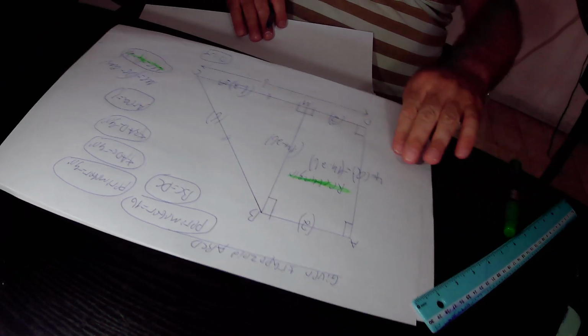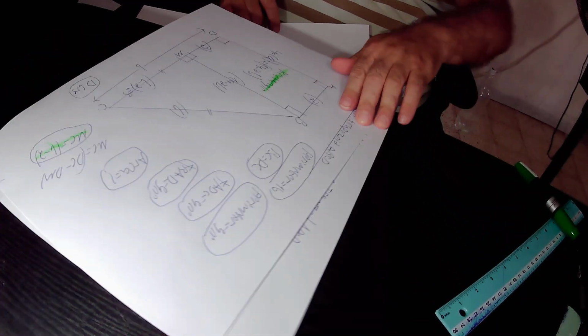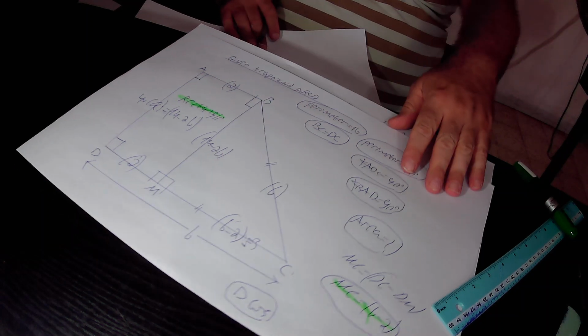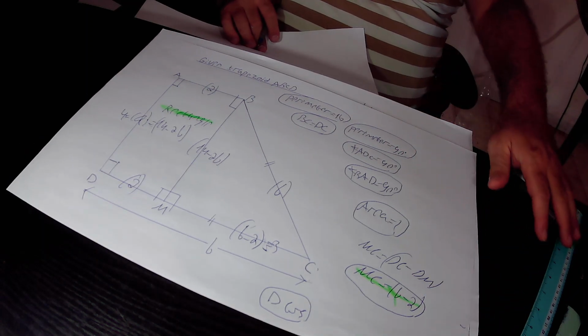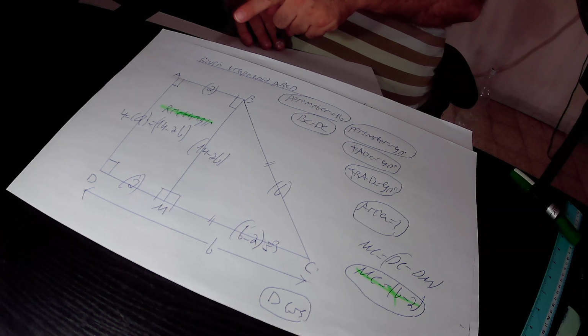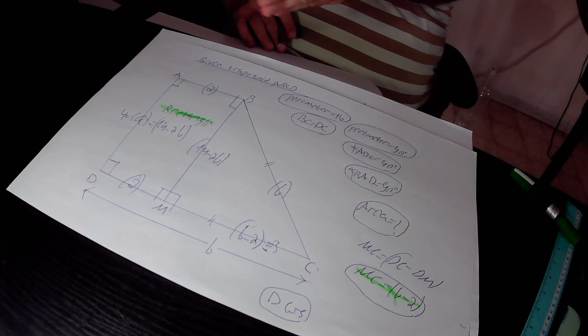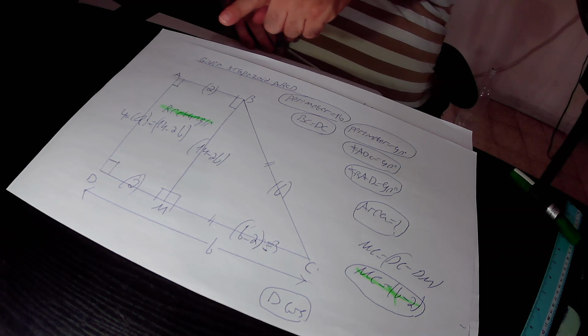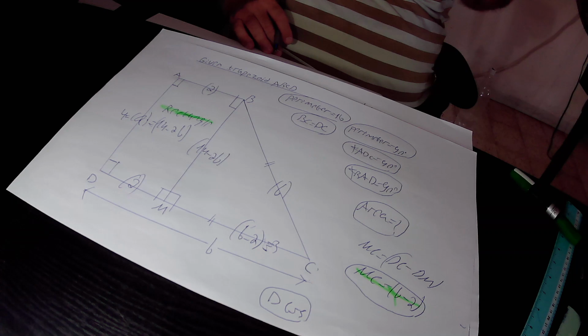It is very easy to see that AB is parallel to DC. So the two parallel bases are AB and DC, and the sum of those two parallel bases is AB, that is 2, plus DC, that is 5.